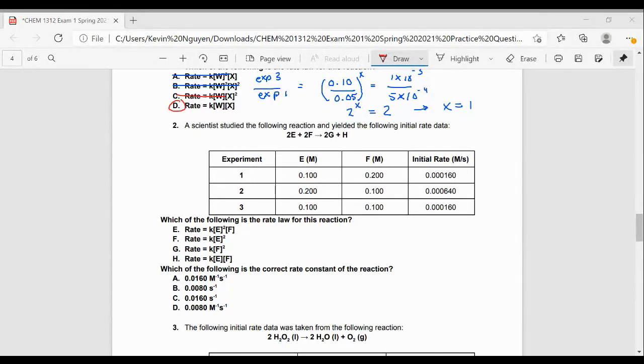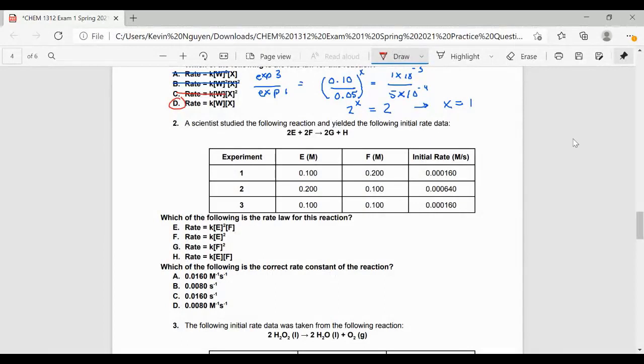Okay, looks like I'm getting some chat. Okay, so looking at number 2, we're going to have another experiment and another data table. And so it's asking us what is the rate law for this reaction.